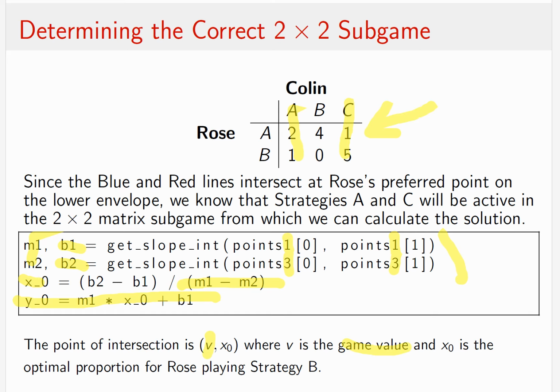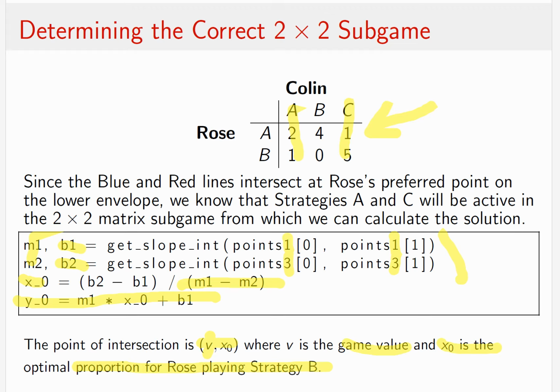Okay. The x coordinate, I'm sorry, I've got this backwards. This ordered pair is written backwards. V is the game value, that's the y coordinate, right? The x coordinate is the optimal proportion. Remember, for Rose playing strategy B, at the origin, she plays strategy B 0% of the time and A 100% of the time.